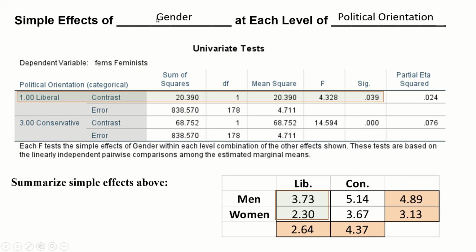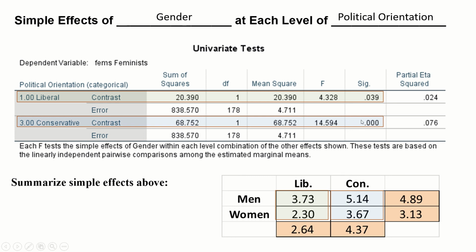The simple effect of gender is significant for liberals. So we are finding a gender difference for liberals, and the overall gender difference replicates for liberals, such that men are reporting more anti-feminist prejudice compared to women. So liberal men and liberal women differ.